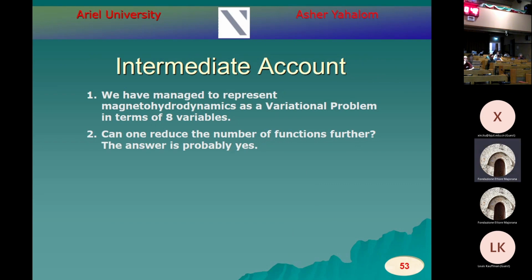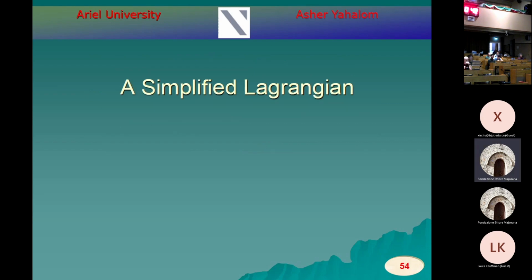So now we have a variational principle in terms of just 8 variables, which seems to be the correct number. But I would like to still pose a question: can one reduce the number of functions further? And the answer is probably yes, because if it was not yes, I would not ask this question.